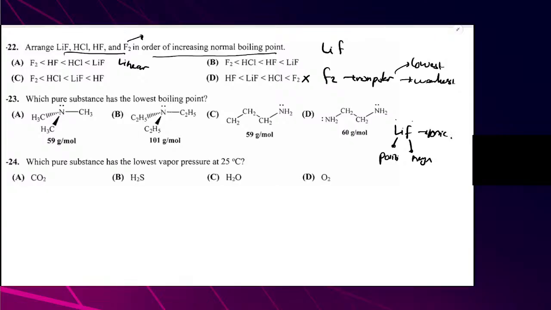Ionic has the highest boiling point. In terms of these molecules, there is no other ionic bonding except lithium and fluoride. So LiF will be the last one, because this is the ionic bonding. So we can eliminate option C.